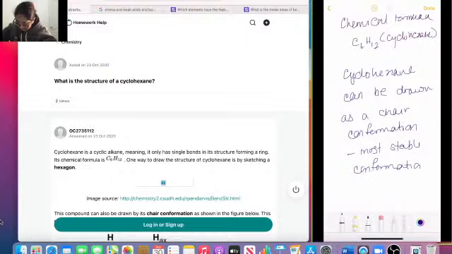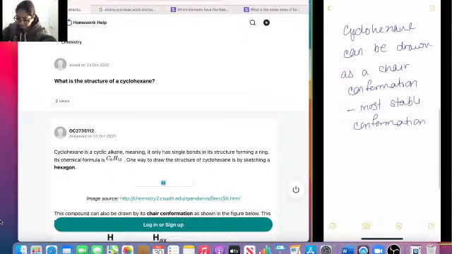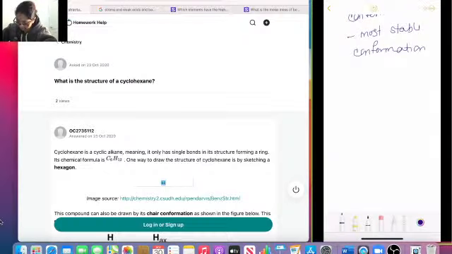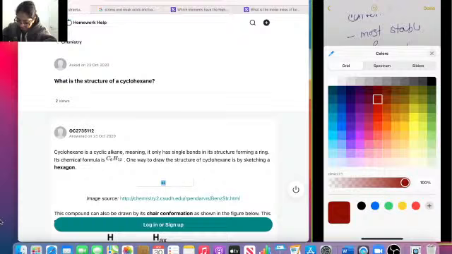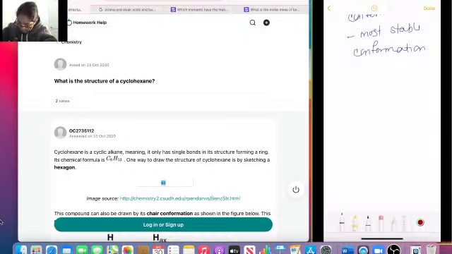To draw that, what we mean by a chair conformation is you have this hexagon type of shape. All your corners, all these points, are your carbons, and then you're just going to draw your hydrogens.